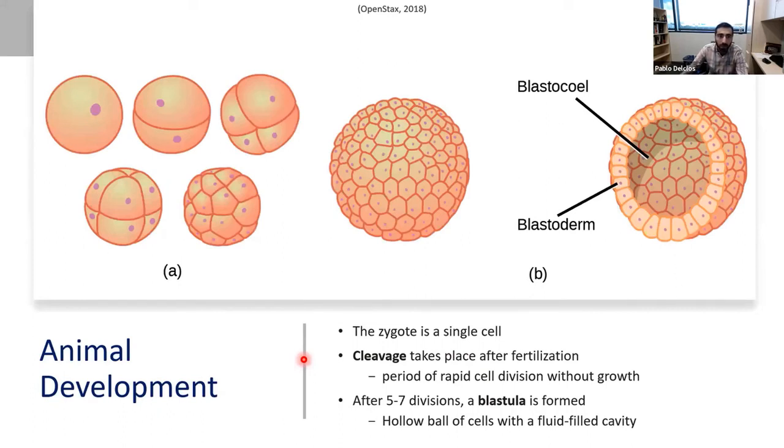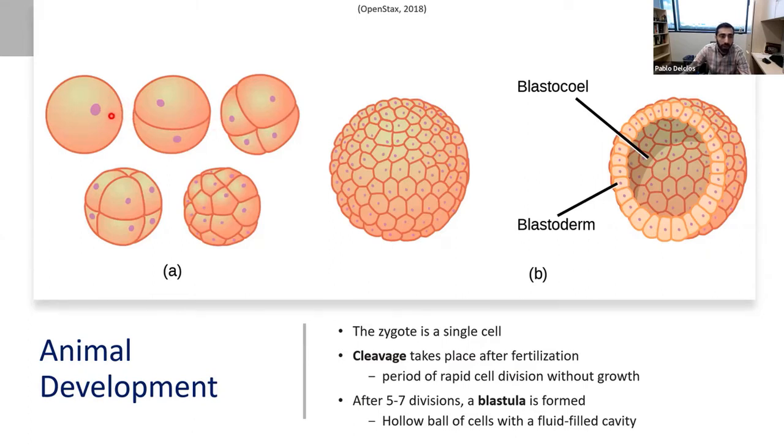In terms of animal development, we start with a zygote, a term that you saw with plants as well. Zygotes start off as a single cell and start multiplying from there, getting larger and larger through a process called cleavage, where cell division occurs at first without any growth.